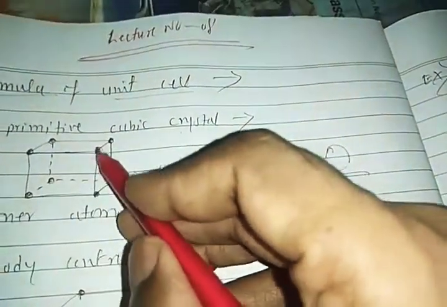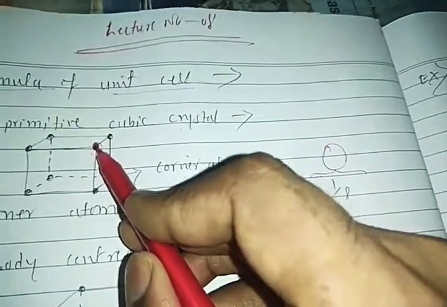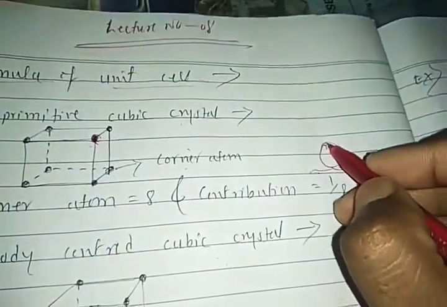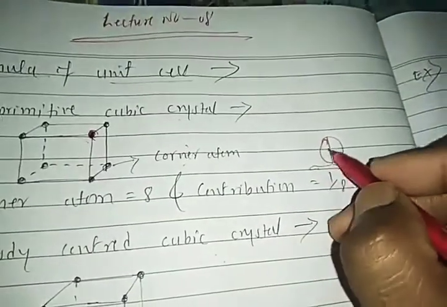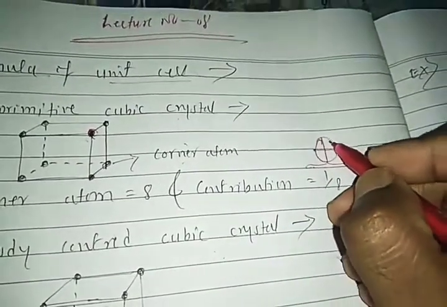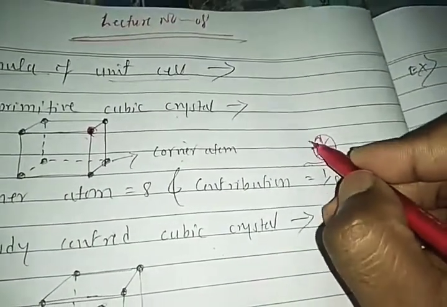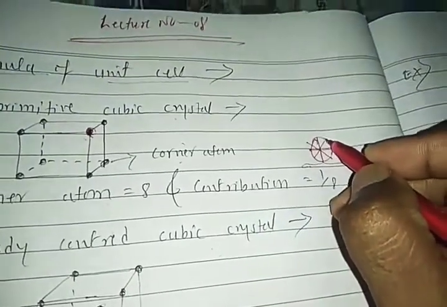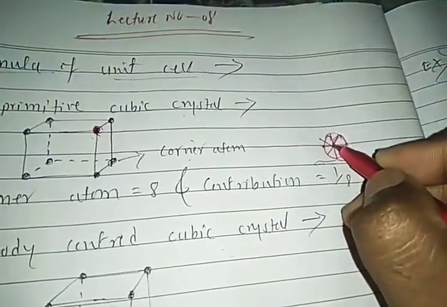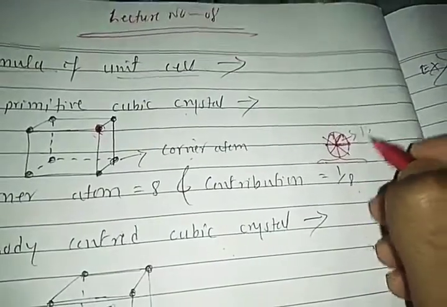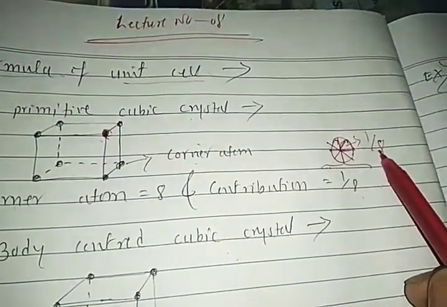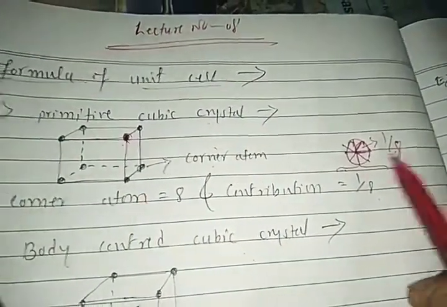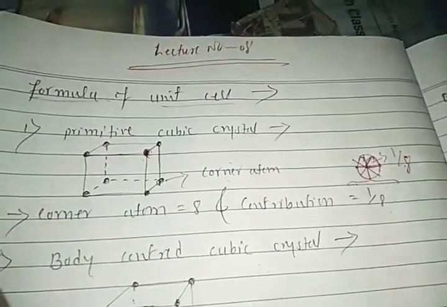This one atom, how much part is it sharing with the neighboring atoms? It is sharing 1 by 8 part. So this is the 1 by 8th portion contribution. Right, students?